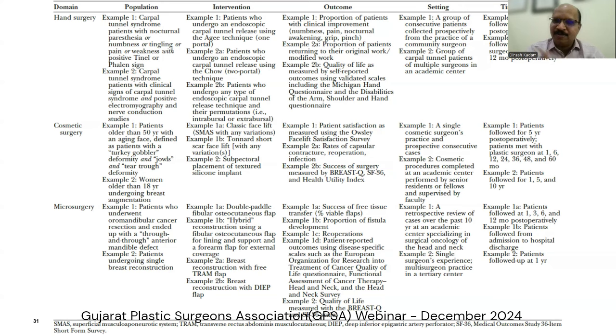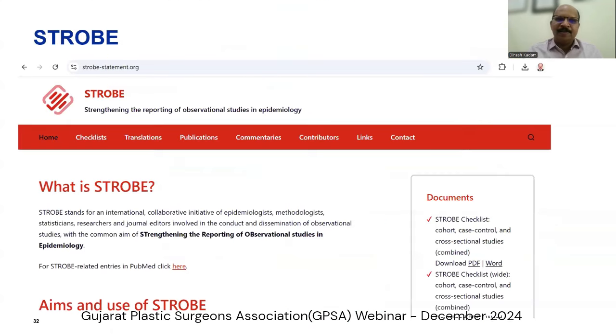You compare the complication rate, the lip seal and many other issues, so you can come out with the effectiveness of this particular microsurgery technique. It also requires follow-up, and the length of follow-up, and you can define the different outcomes of these patients.